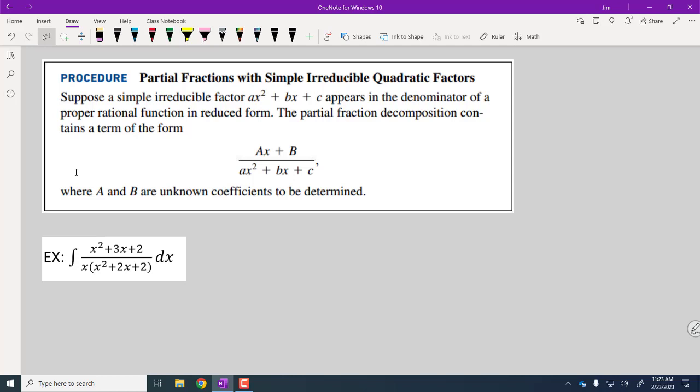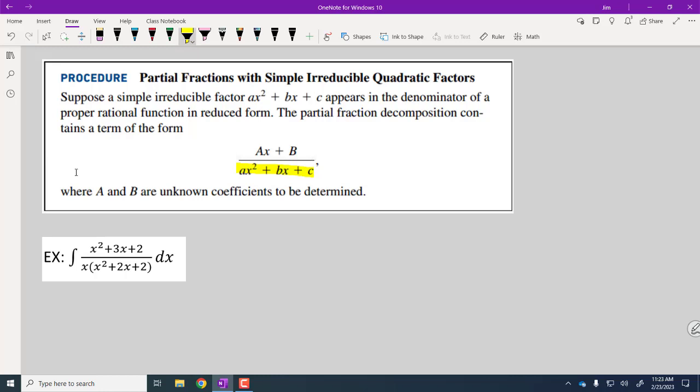Now, the last possible scenario, the granddaddy, irreducible quadratic. So, if we have an irreducible quadratic, remember, irreducible quadratic just means it doesn't factor over the real numbers. For us, usually, it's going to be something where we can pretty easily see that b squared minus 4ac is negative, so it needs an imaginary.